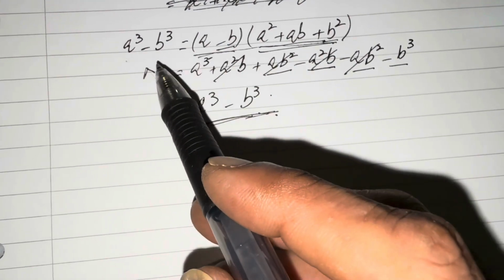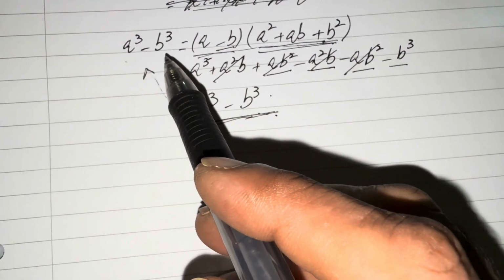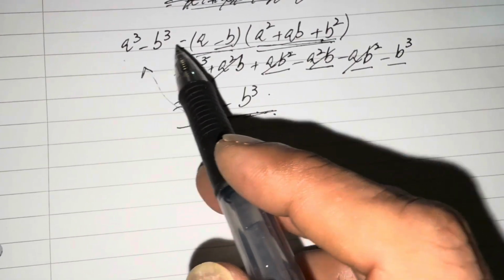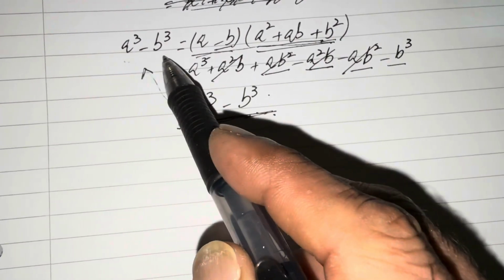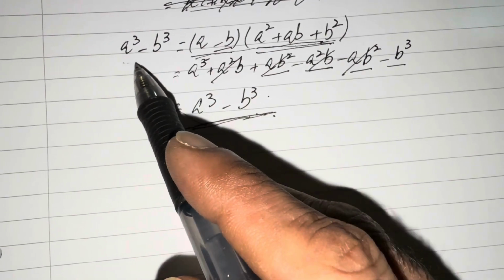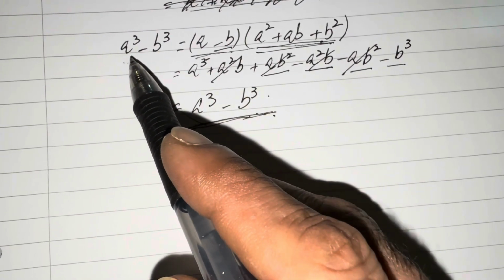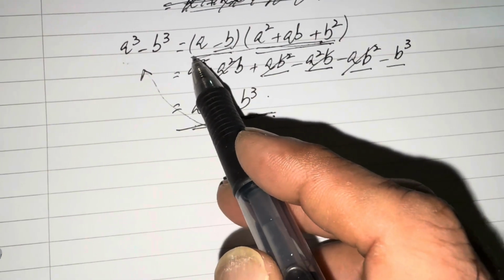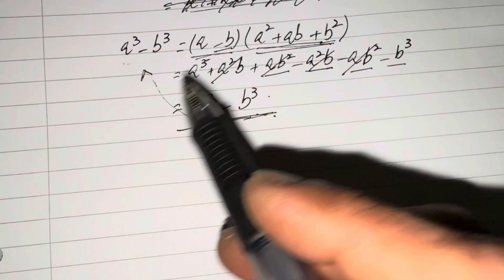In our next lectures, when we take examples, we will directly put the formula like that. If any expression is given in the cubic form, we can directly change it into this form.